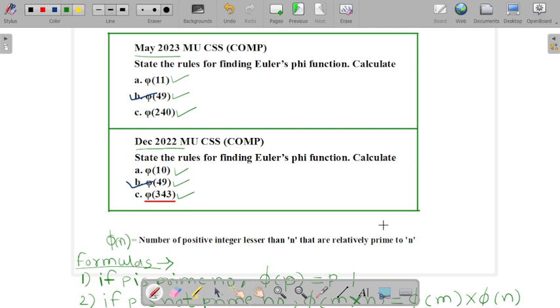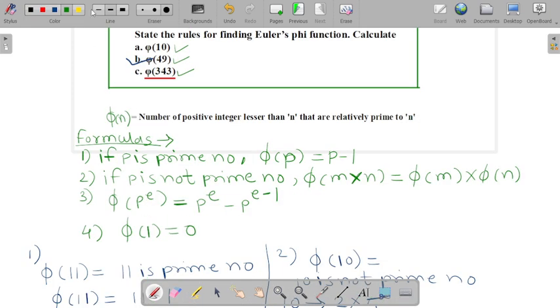So in this way, we have solved the question: state the rules for finding the Euler's phi function and calculate the value of phi of n. While solving the example, you have to remember these four formulas. If p is a prime number, then phi of p is equal to p minus 1. And if p is not a prime number, then phi of m into n is equal to phi of m into phi of n, so we have to split it into two parts, m into n.